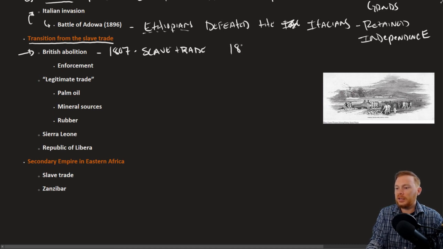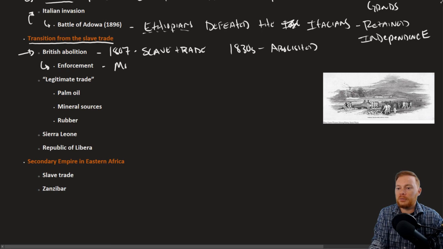And later on in the 1830s, the British abolished slavery completely. Now, there were other nations who did this. So, for example, the United States abolished the slave trade in 1808. Other nations abolished slavery. The British were pretty early to get rid of it. But the most important thing about Britain doing it was the fact that they enforced it.